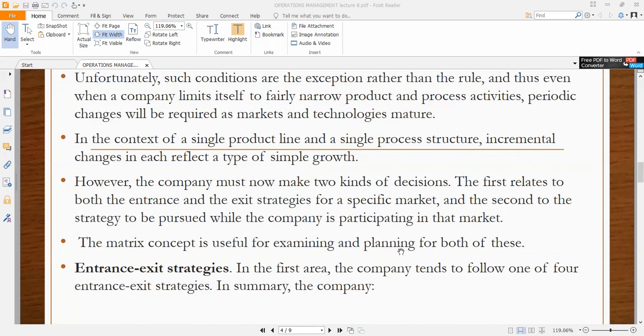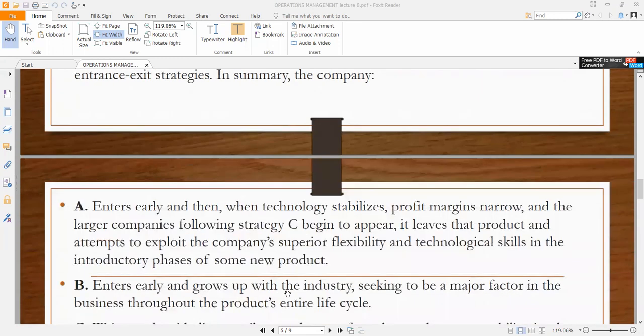Entrance exit strategies. Now, in the first area, the company tends to follow one of the four entrance exit strategies. Okay, in summary, the company has to, one, okay, which is A. This is the first step. Enter early, and then when technology stabilizes, profit margins narrow, and the larger companies follow strategy C, begin to appear.